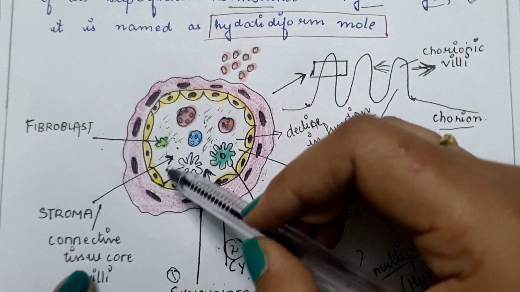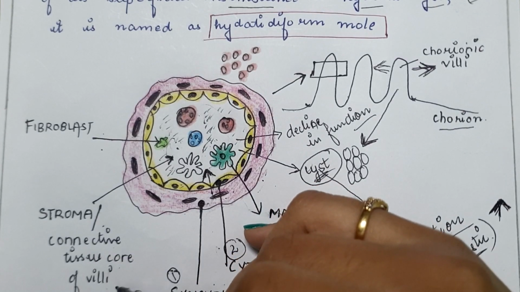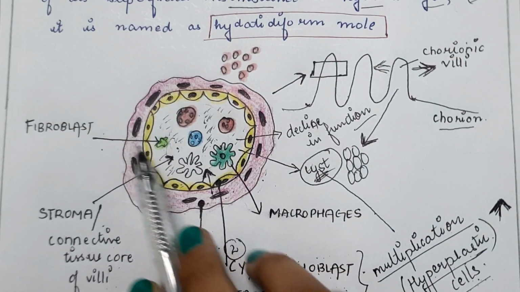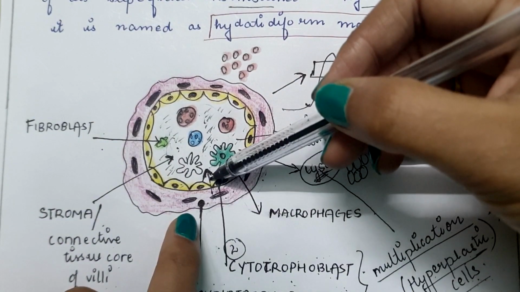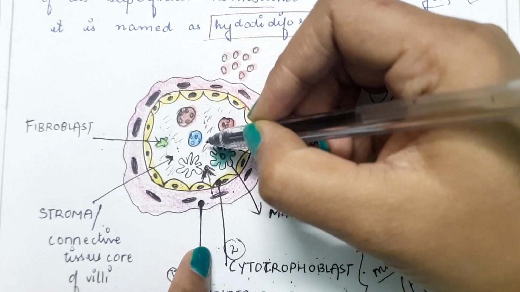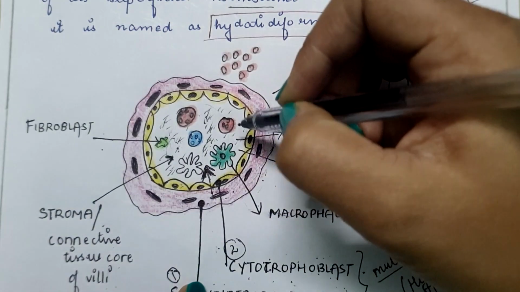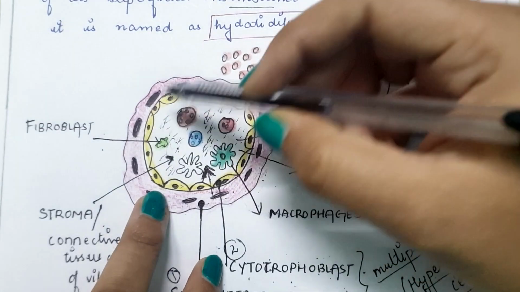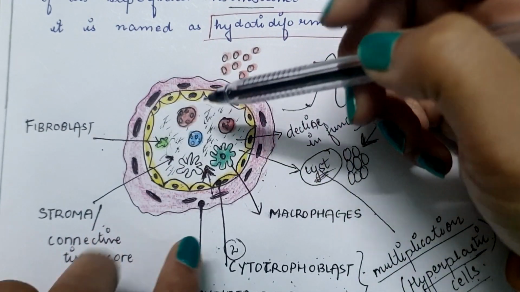In the middle, in white color, is the stroma of the villi, which is also known as the connective tissue core of villi, which consists of extracellular matrix and cells including fibroblast cells and macrophages. There is a secretion from these hyperplastic cells, and that fluid is accumulated in the stroma of the villi. Because of the accumulation of fluid in the stroma, degenerative changes take place in the stromal cells or tissues.